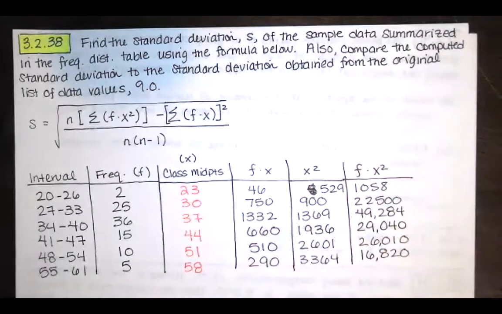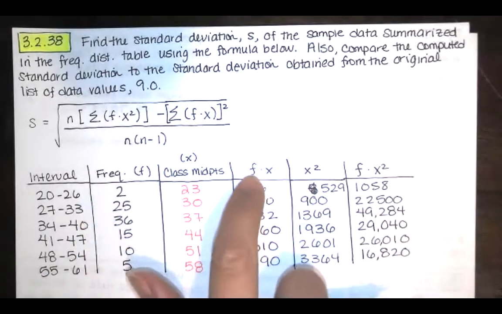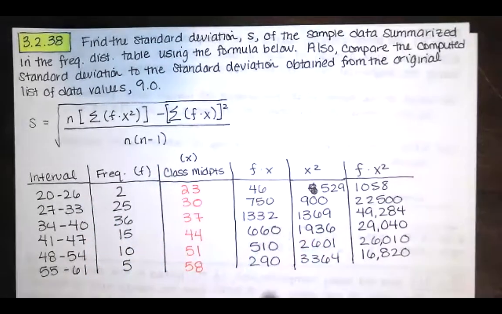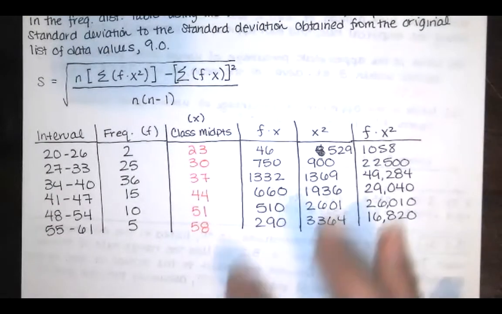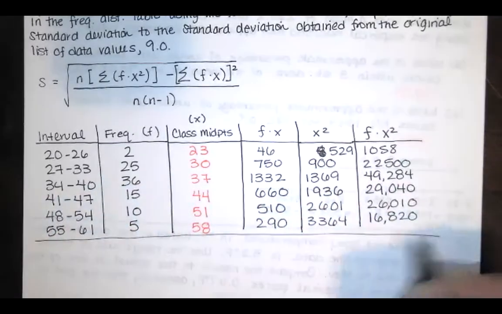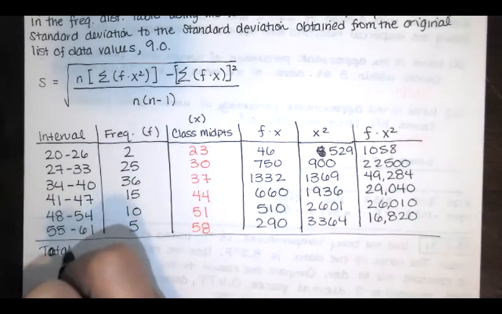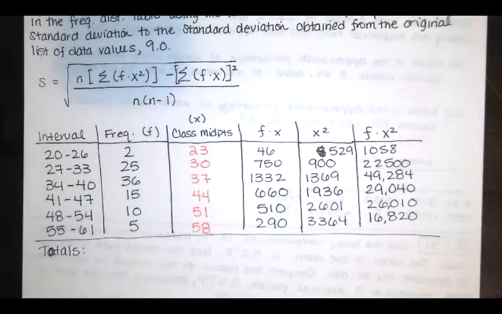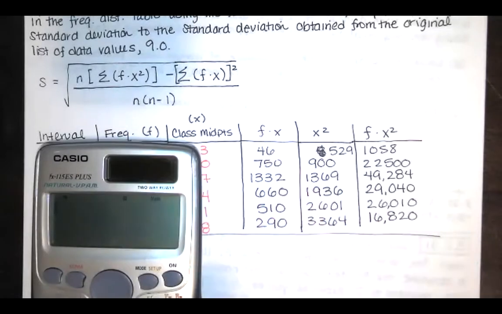Okay. All I need is to add up all of these frequencies times class midpoints. It's going to give me an approximation of the sum of all of the original values. I'm just going to call this row totals. So I'm adding these guys now.